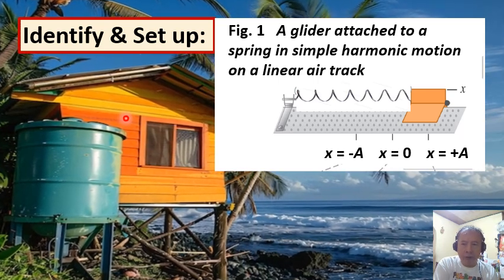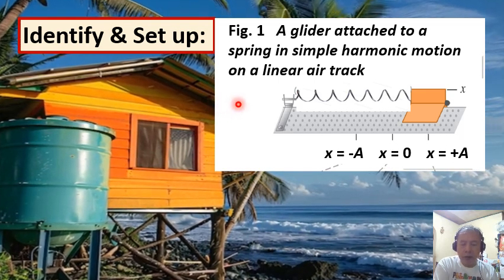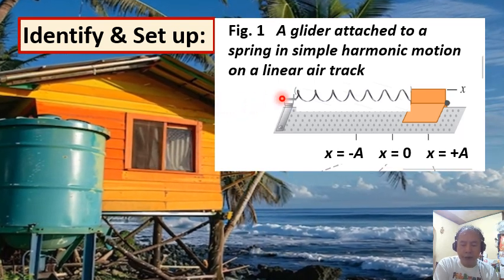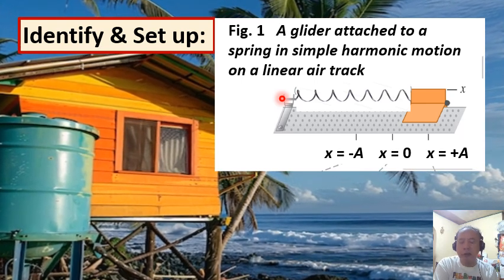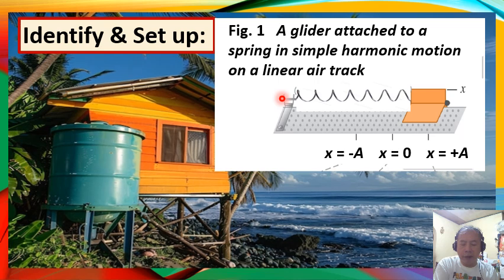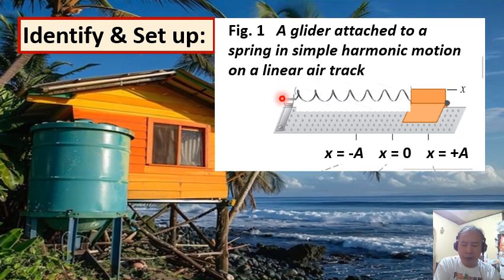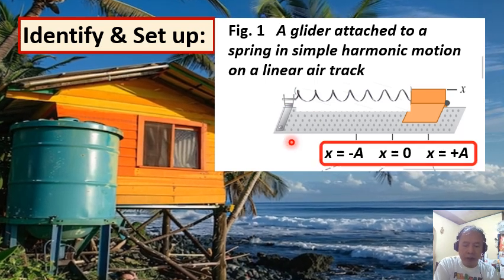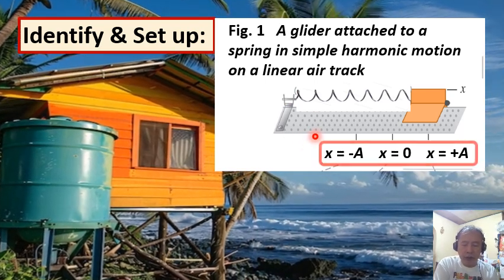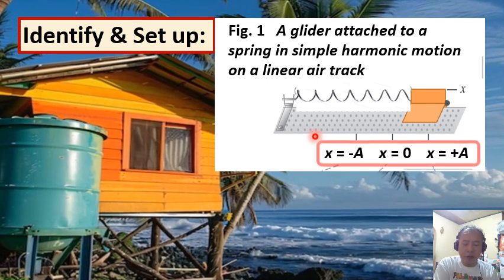It's illustrated in the figure. The glider, which is attached to one end of the spring fixed on a wall, vibrates horizontally on an air track with negligible friction. The position x equals 0 is, of course, what we call the equilibrium position.